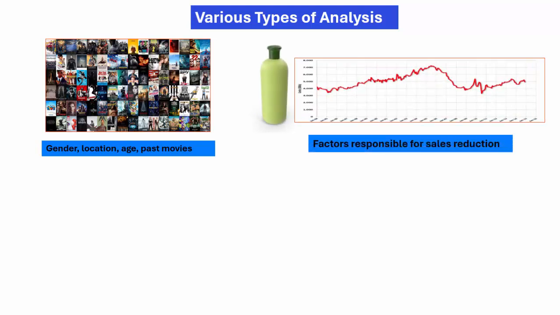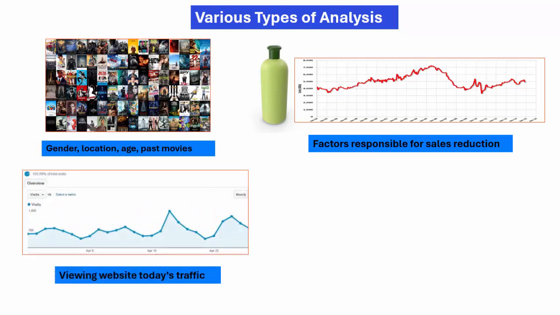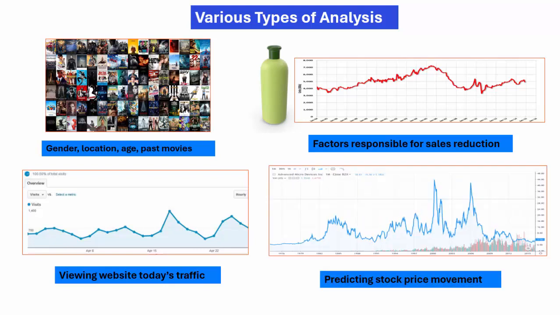Now we have another data about the sales of a particular shampoo, the factors responsible for sales reduction. Third one is viewing website's today's traffic. And another is predicting stock price movement. So we see what analysis we can perform on these four types of data.